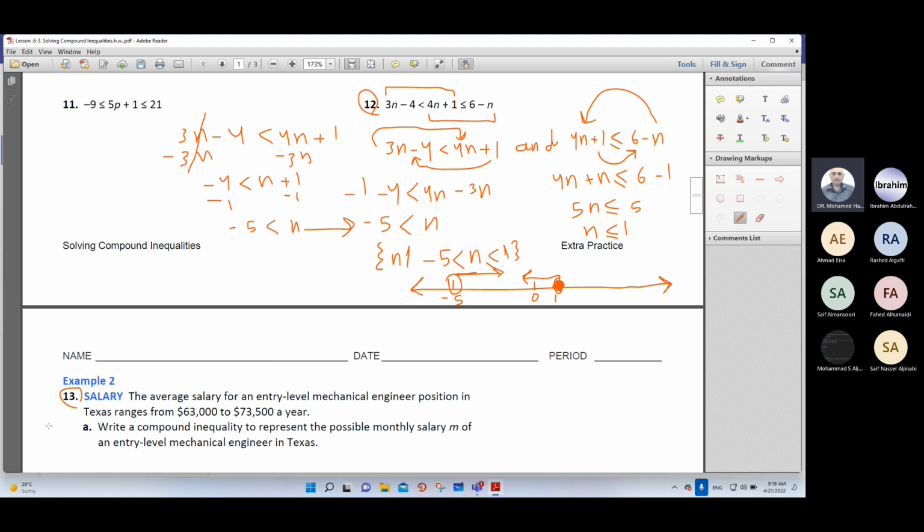The salary between two values, between 63,000 and 73,500. So we can write here compound inequality between two values, less than and greater than. Less than the big value and greater than the small value.